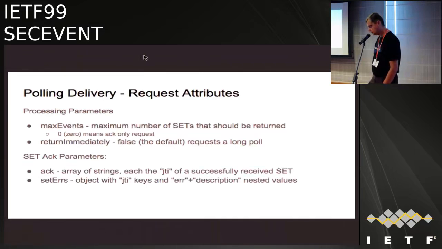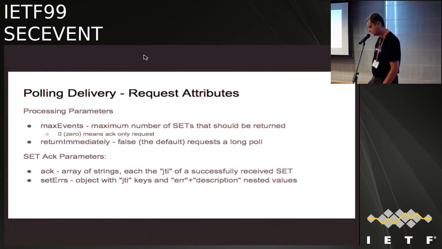So these are the request attributes. There are some processing parameters, max events and return immediately. Max events 0 means that the receiver is only acknowledging sets received in the previous request, and it's not requesting new sets. And return immediately allows for long poll.